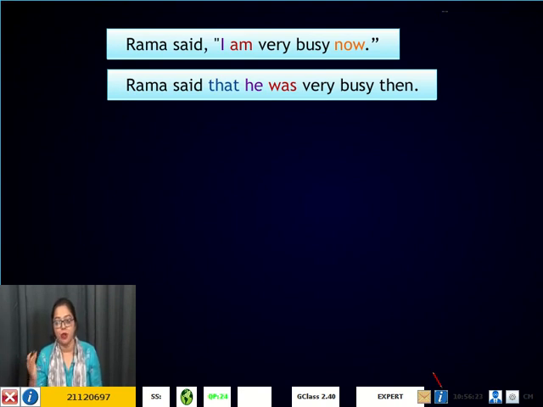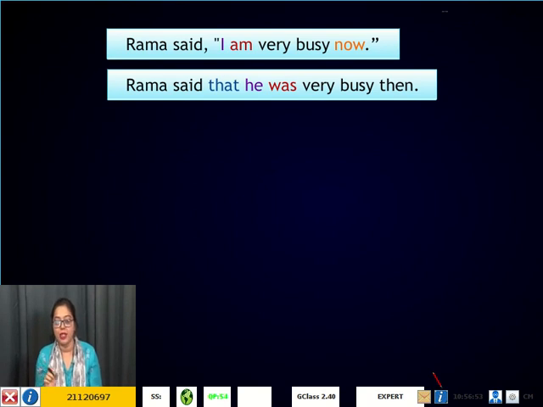Just look at both sentences carefully so that you can understand the difference between direct speech and indirect speech. When we use direct speech, we always use inverted commas. But when we use reported speech, when someone has said something and we are not repeating that person's exact words, we do not use inverted commas.